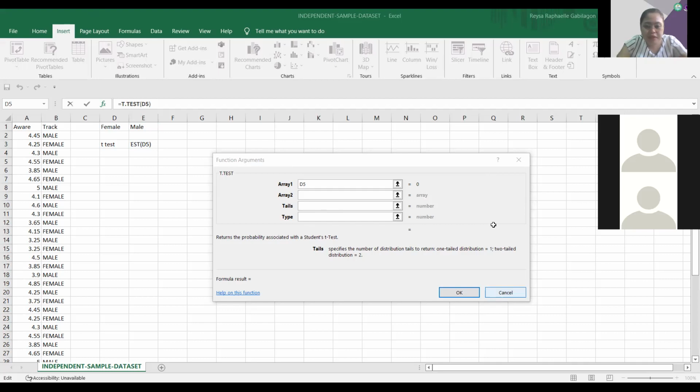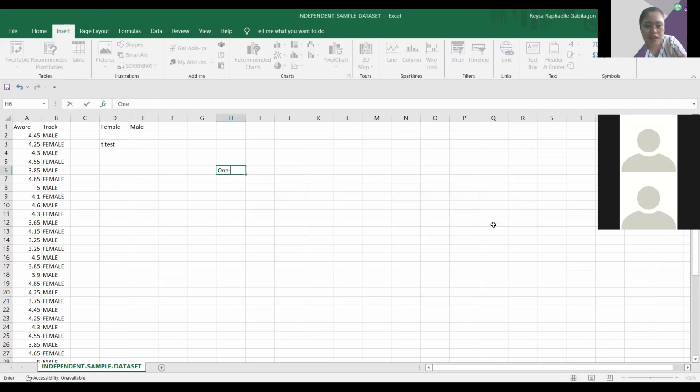Pag sinabing one-tailed test, class, malalaman mo ito depende sa SOP. If the hypothesis is directional, you will be doing a one-tailed test.